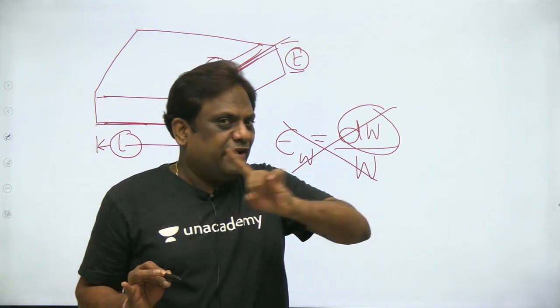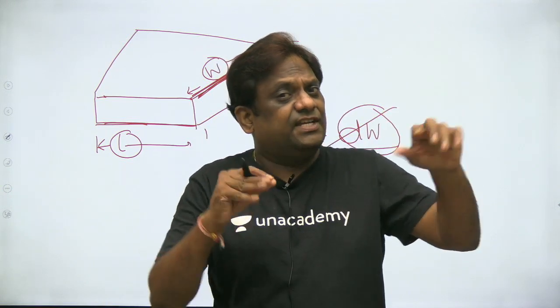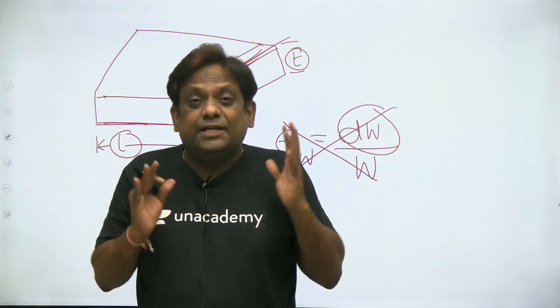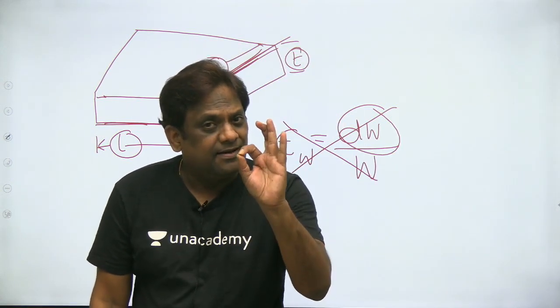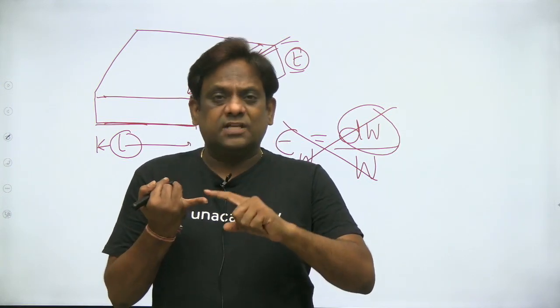Why? Because width changes are negligible. So strain in the width direction is negligible. There is no strain. When there is no strain in one of the principal directions, it is known as plane strain conditions. So let me repeat the assumptions made in rolling.